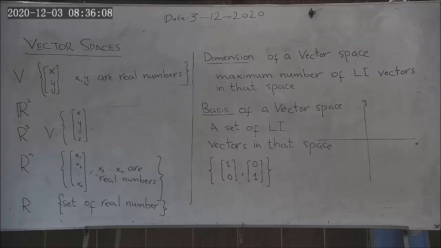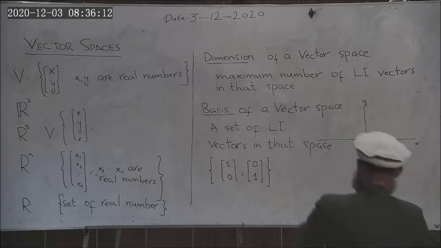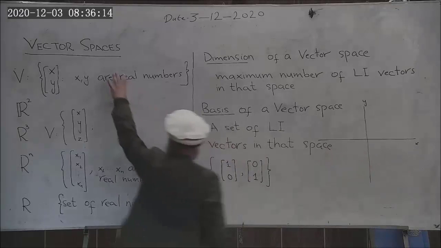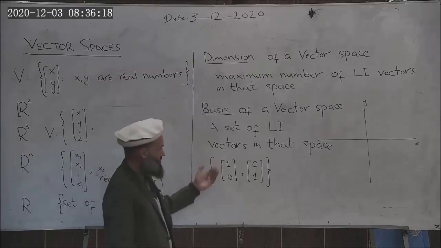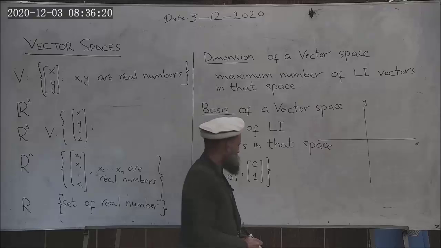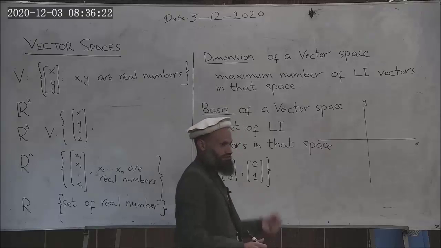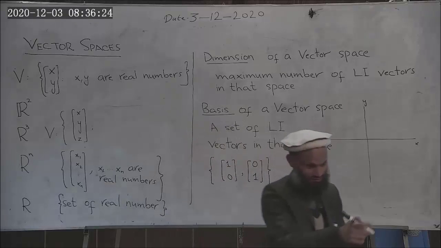This is the set of linearly independent vectors in this space. Therefore, this set is called a basis for that space.